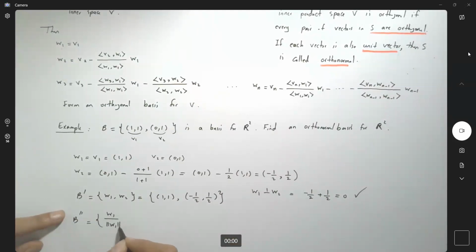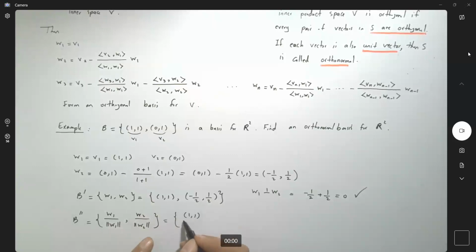But if I ask you to normalize these, you're basically saying, I have W1 over magnitude of W1 and W2 divided by magnitude of W2. So basically you have (1, 1) divided by square root of 2, and (negative a half, a half) divided by square root of 1/4 plus 1/4, or a half. You can simplify this as well.